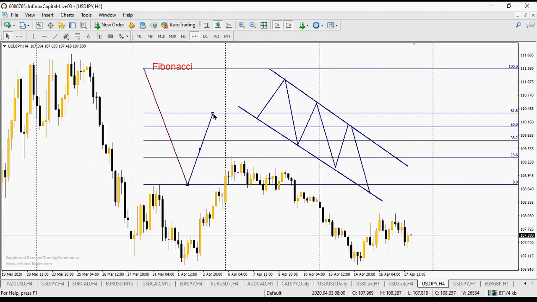The idea is that this market can retrace at any of these levels depending on the condition of the market.